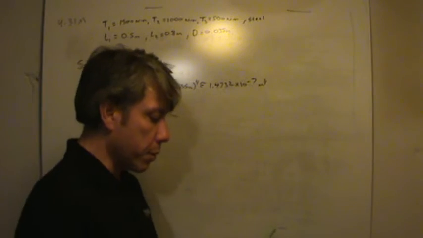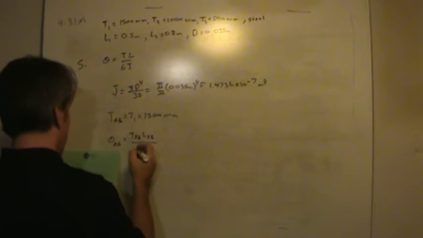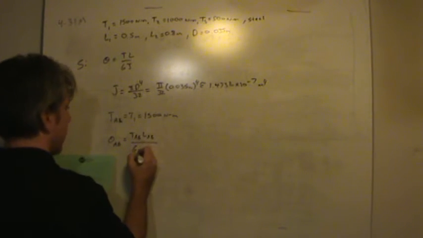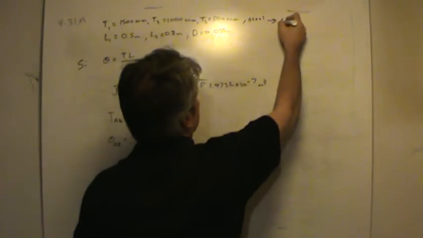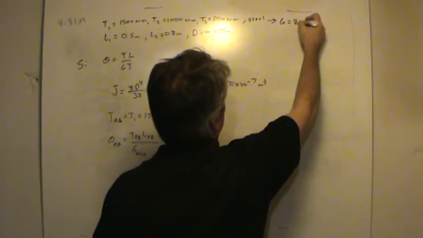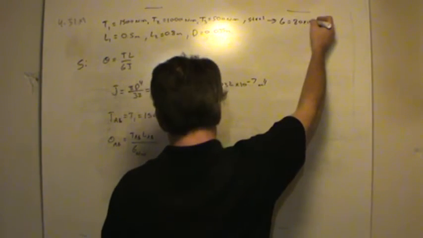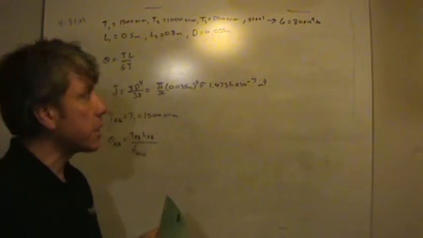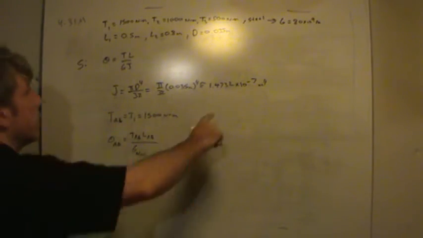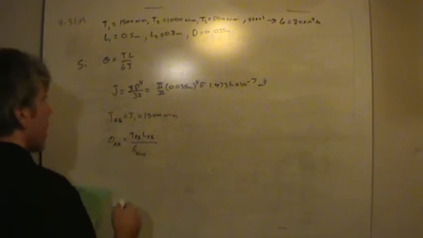If you look it up in your book, you'll find that the torsional modulus is 80 times 10 to the ninth pascals, or in other words 80 gigapascals. So that's what the information about steel gives us.